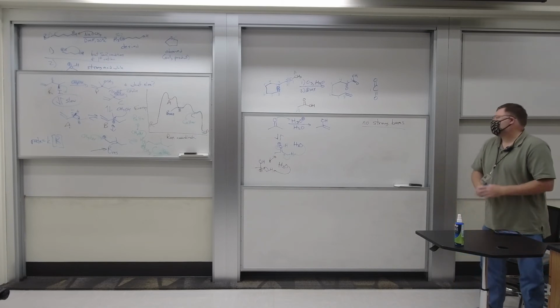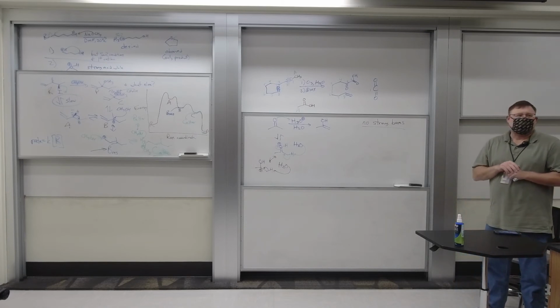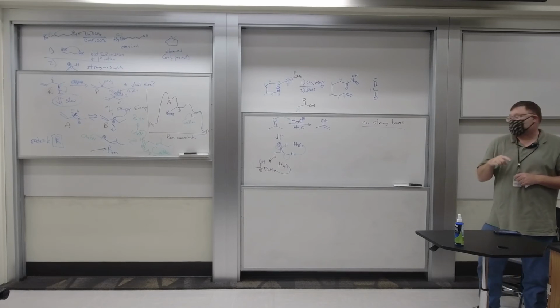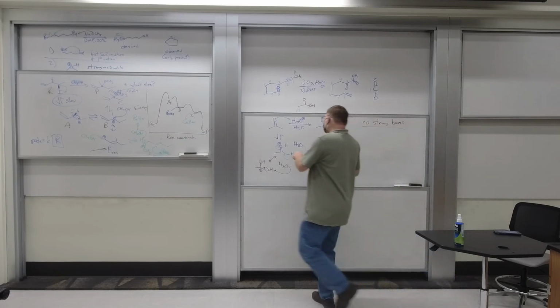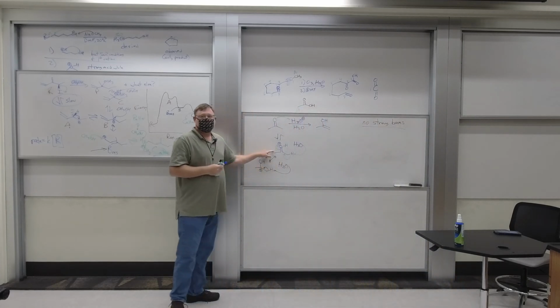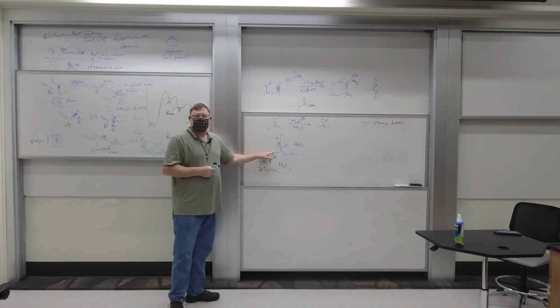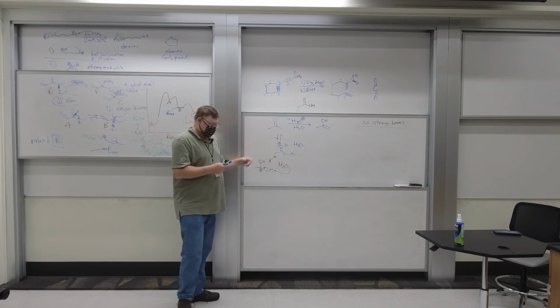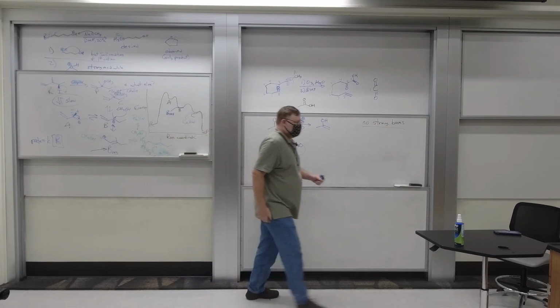All right, so the reverse reaction. The reverse mechanism has to go through exactly the same intermediate. There's only one intermediate here, the protonated ketone. So that's got to be the only intermediate on the reverse.